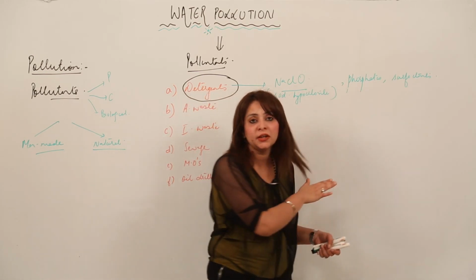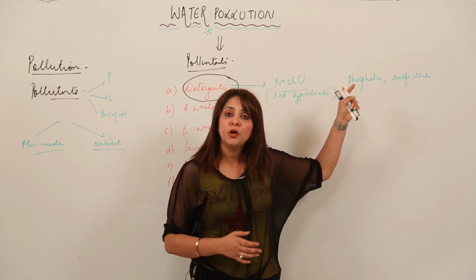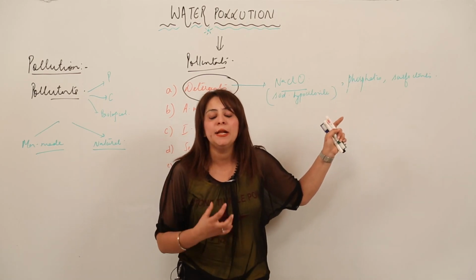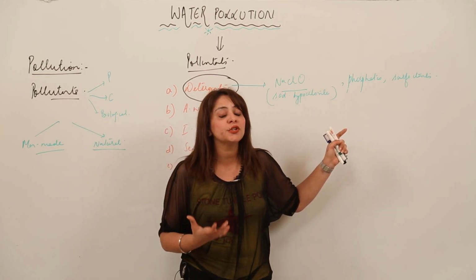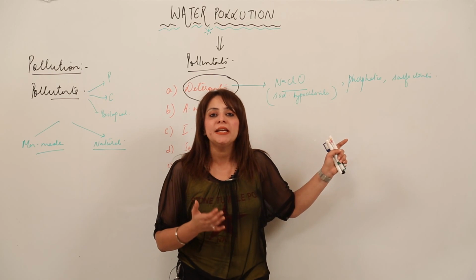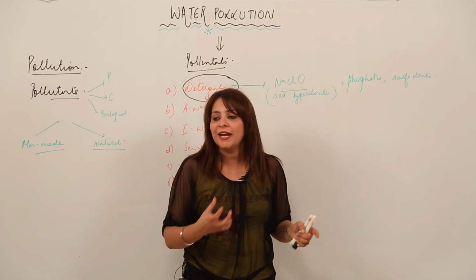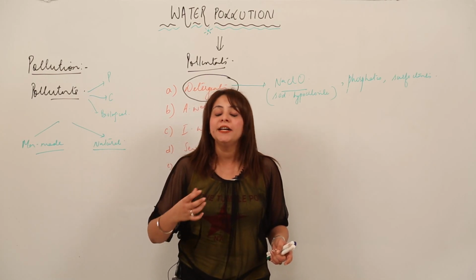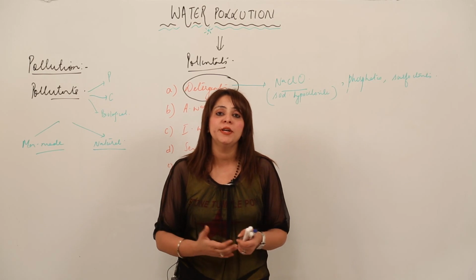Second is phosphate. Phosphate also plays an important role, right? How does it play an important role in detergent? It helps in softening the water, and moreover it helps in removing stains of grease and oils, and it also reduces the alkalinity. So it is also an important constituent.